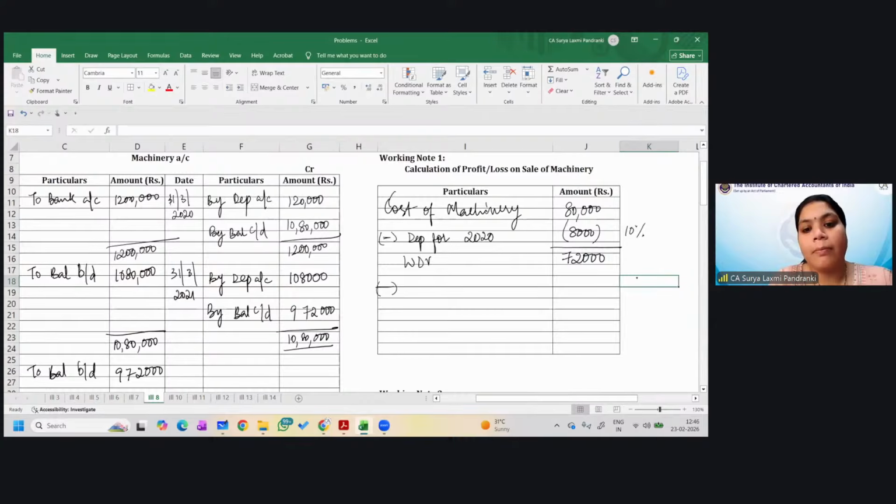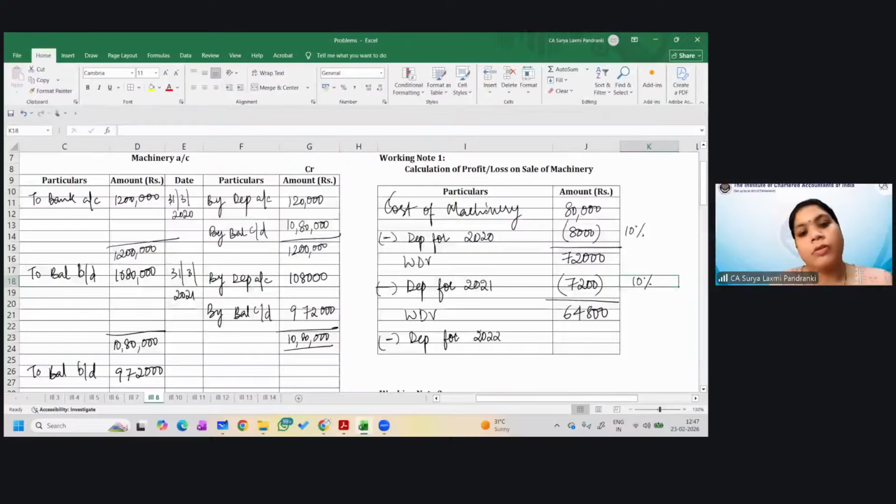Then minus depreciation for 2021 will be again 10%. So 7,200. Then WDV will be how much? Calculate the WDV for this. 64,800, okay.